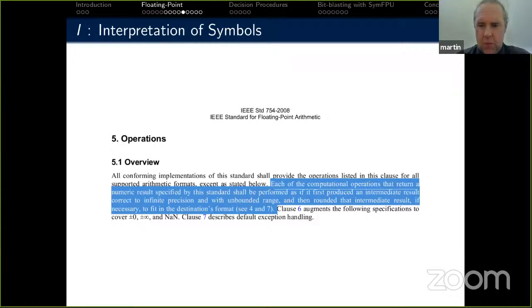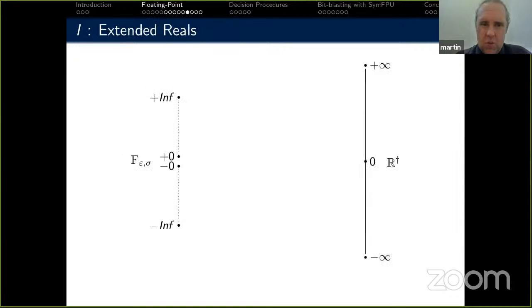Each of the computation operations that return a numeric result specified by this standard shall be performed as if it first produces an intermediate result correct to infinite precision and with unbounded range, and then rounds the intermediate result if necessary to fit in the destination's format.